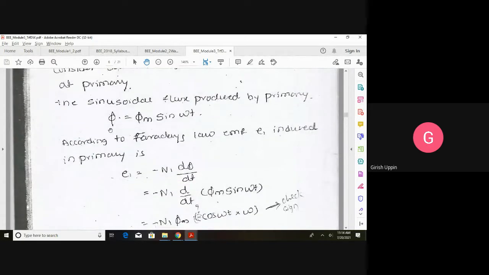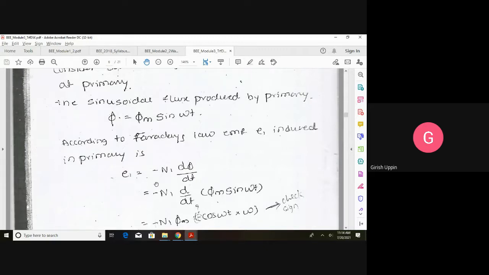We know that when the voltage supply is connected to the primary winding, it will result in the primary current, which is sinusoidal. That sinusoidal current will result in a flux, which is also sinusoidal. So the flux can be represented by the equation phi equals phi m sin omega t, and according to Faraday's law, how much EMF is generated? It is directly proportional to the rate of change of flux.